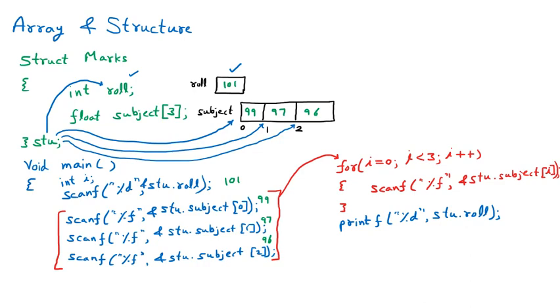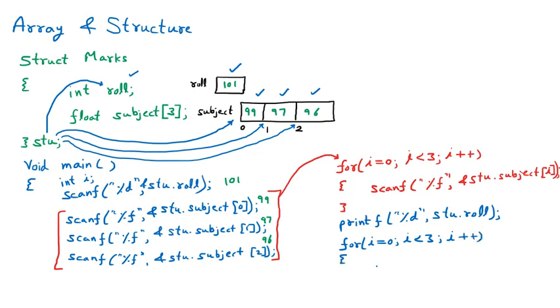Again we have to display the complete array, means 3 elements we have to display, and we know the for loop is the better option. So we will use the for loop. For I is equal to 0, I less than 3, I plus plus.